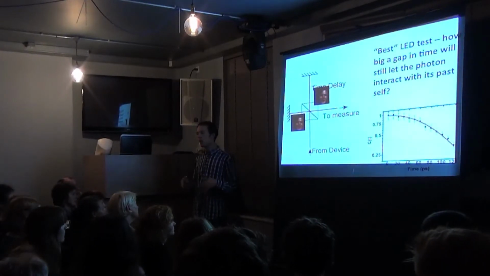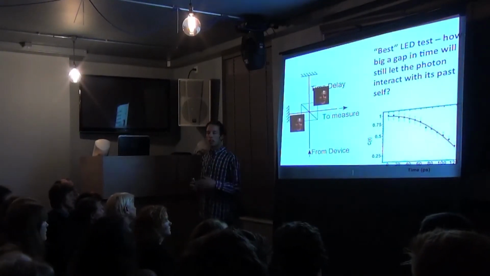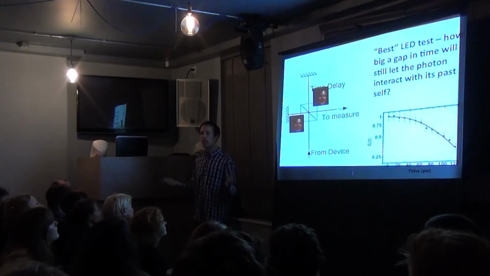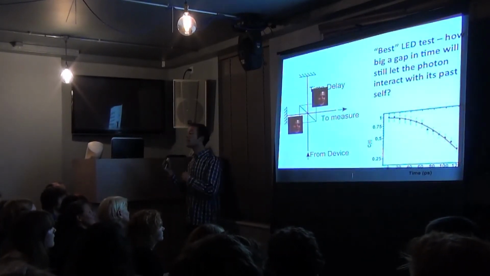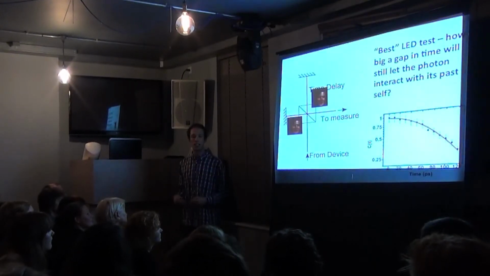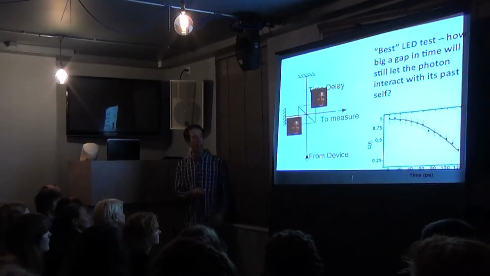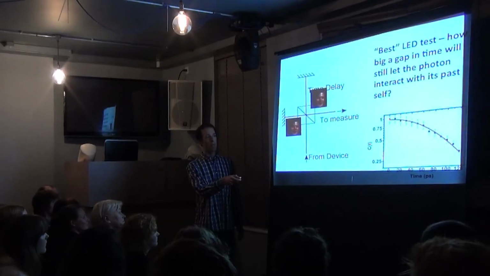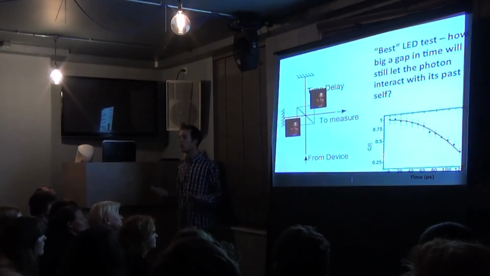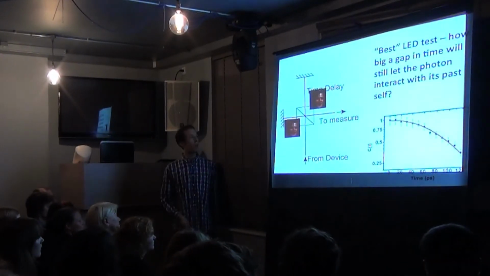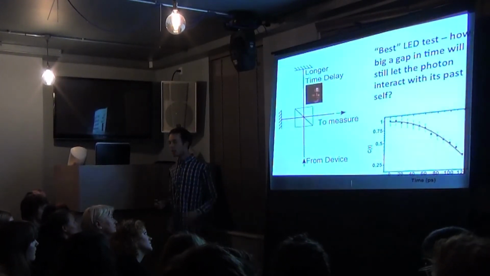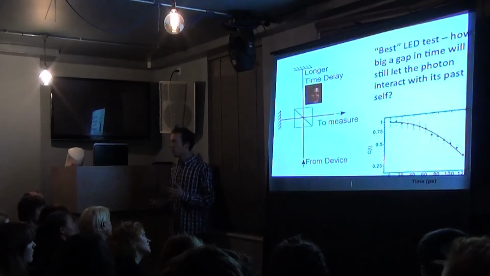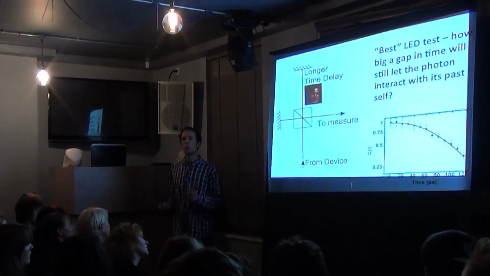Because they're light, it's a wave, they can join together and make the wave bigger, or they can cancel out, and the bigger the interaction, the bigger the difference between adding together and cancelling out will be. We can measure that, and so that will give us a nice big point here, close to 1, that means it can almost cancel out. But if we increase the delay, we still have our first particle, but my source has wobbled a bit.